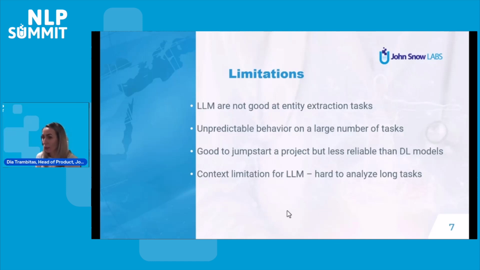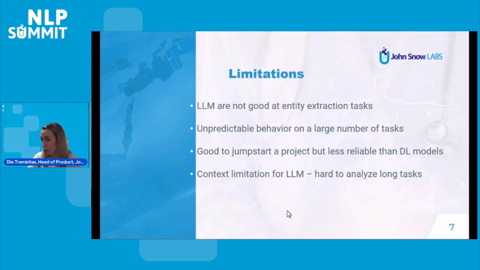Unlike dedicated models designed for named entity recognition, LLMs can exhibit limitations in correctly identifying and extracting entities within text. Another challenge is that LLMs can exhibit unpredictable behavior across a list of tasks. While they perform very well on some of the tasks, their performance drops exponentially on other tasks, right? So they are less predictable than the DL models.